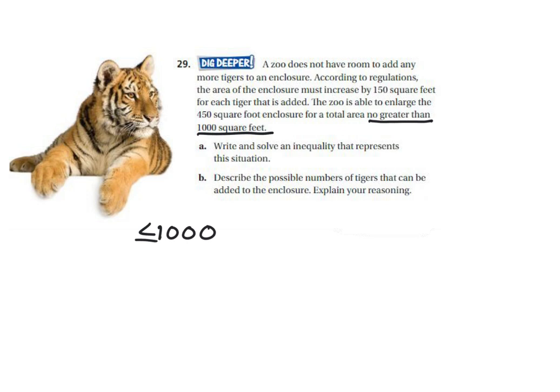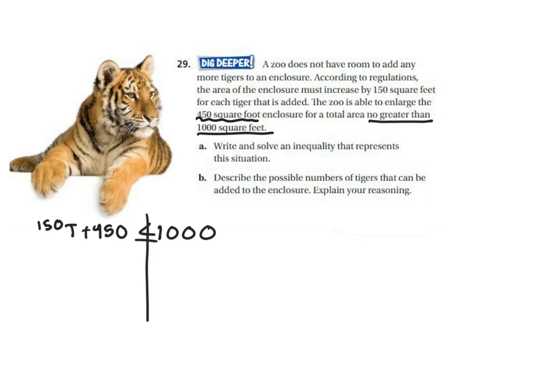We know that the zoo is able to enlarge the 450 square foot enclosure. So we know that we already have 450 square feet taken. And they can increase it by 150 square feet per tiger. So 150t plus 450, that all has to be less than or equal to 1,000.